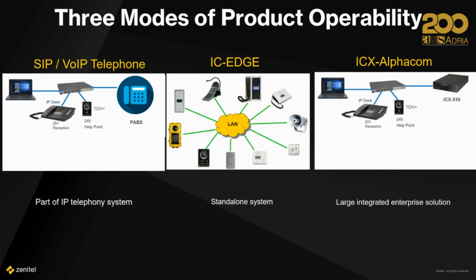In addition, we also offer software-based APIs, not open-standard based, for deeper integrations. ICX-Alphacom also supports SIP. This means that you can also connect ICX-Alphacom to a third-party call manager system like Cisco Call Manager as well.